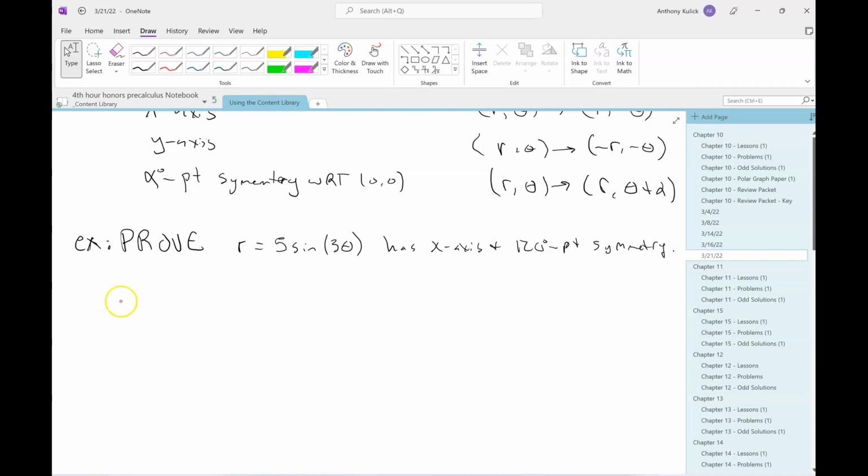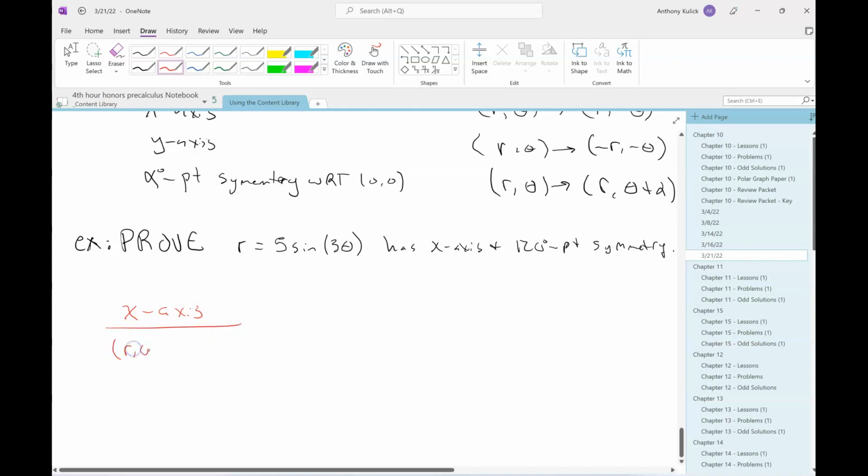I'm going to do 2 separate proofs. So to do the x-axis symmetry, I'm going to be replacing r theta with r negative theta.